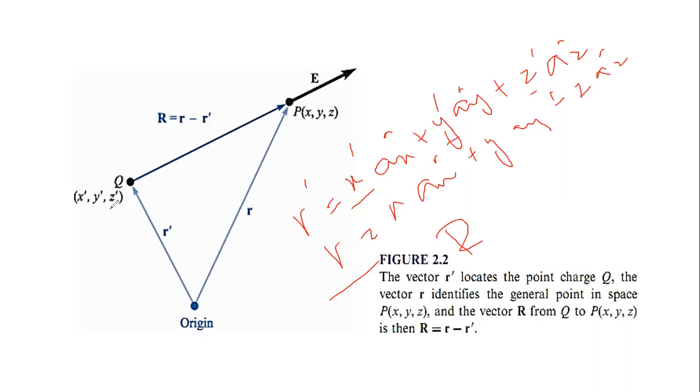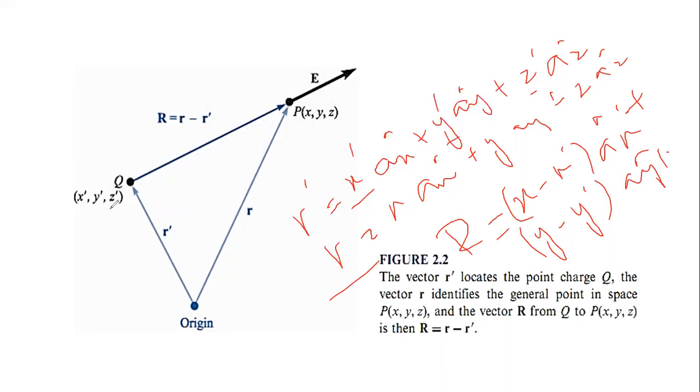So the vector R will be equal to r minus r dash, so it will be equal to x minus x dash into ax plus y minus y dash into ay plus z minus z dash into az.